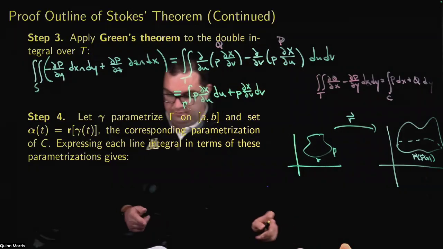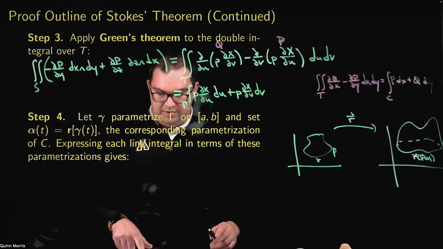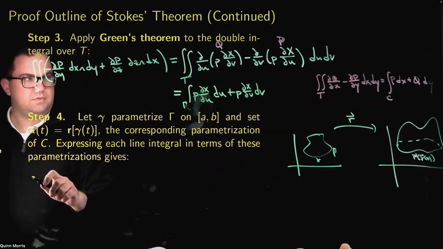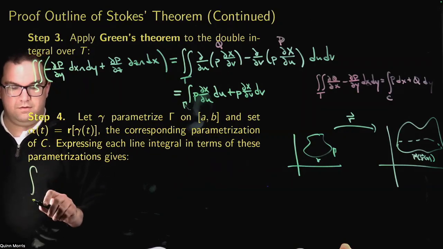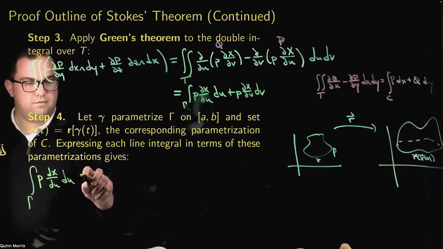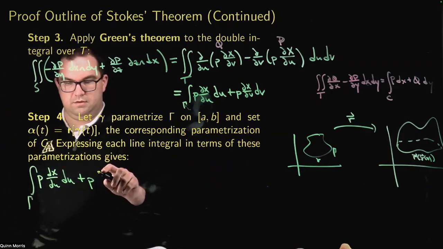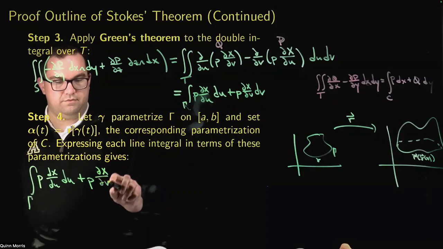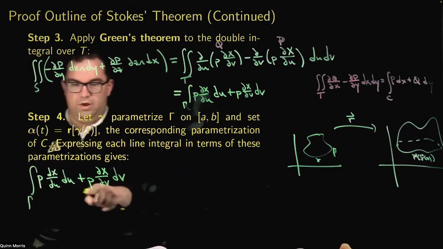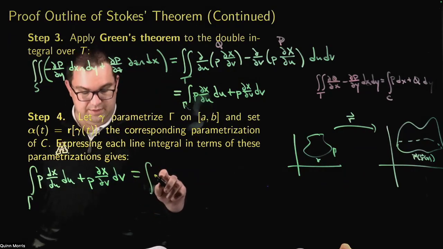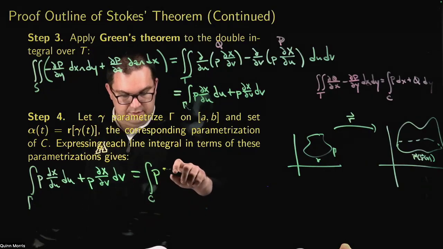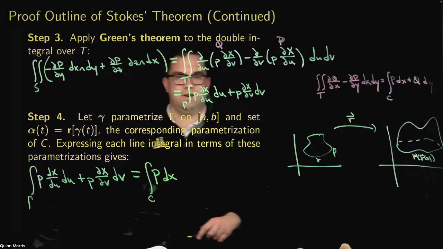If I write everything out in its parametric representation, in terms of this parameterization, I get precisely that this comes back to be the integral over C, because now this is getting mapped to C, of P dx, which is exactly what I want to show.